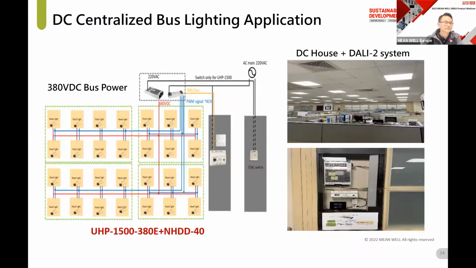A DALI dimmer sends a command to the DLC, and DLC passes the command to the DAP. Then DAP generates a PWM-style signal to drive an HDD. From this demo, you can see the whole office lighting is running in a centralized DC bus structure.